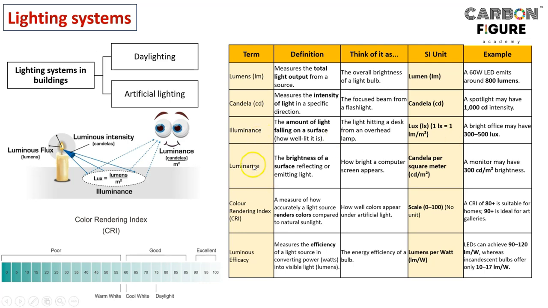Luminance: first, illuminance is the amount of light falling on a surface. Luminance, in the sense, is the brightness of a surface reflecting or emitting light. Illuminance is happening from the source directly. Luminance is all about how much brightness a surface is reflecting or emitting, for the benefit of humans to witness it, right? So candela per square meter.